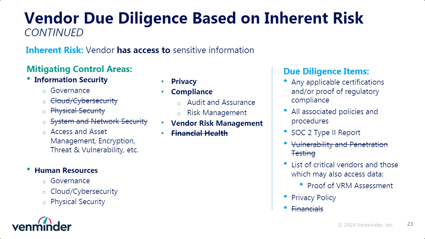For example, any controls they have for system and network security won't really have the ability to protect your sensitive information because the vendor isn't storing it within their system. So while vulnerability and penetration testing would be something to review for a vendor that stores your information, that's not really going to be relevant for a vendor that only has access to it.